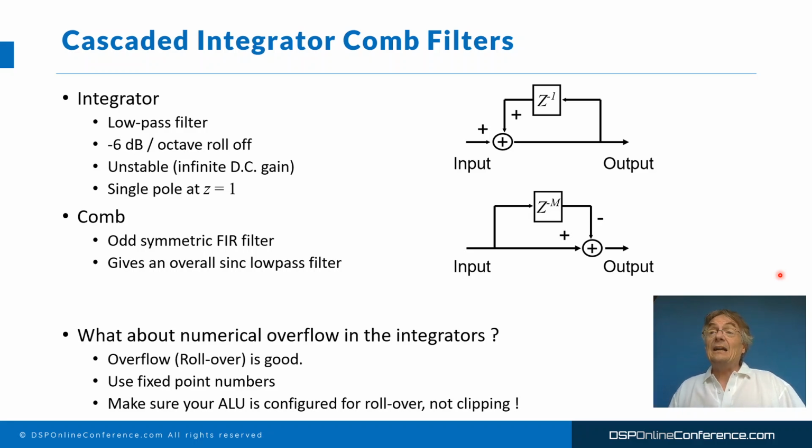And in actual fact, when you configure your processor, because on some processors you can configure the ALU for rollover or clipping fixed point number operations, you need to ensure that the numbers will roll over. Because if you think about it, in a positive half cycle of a sine wave sinusoid, the numbers will roll over. But then in a negative half of your sinusoid, the numbers will roll back, and over a long period window, the numbers will work out.